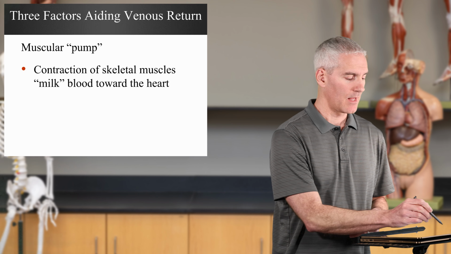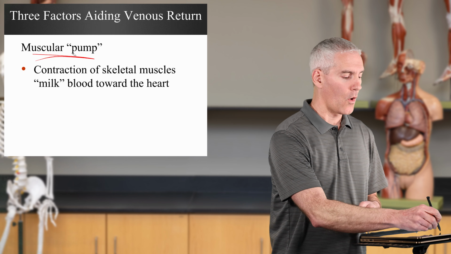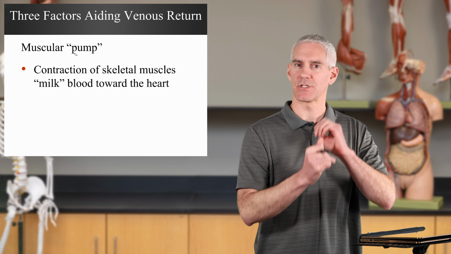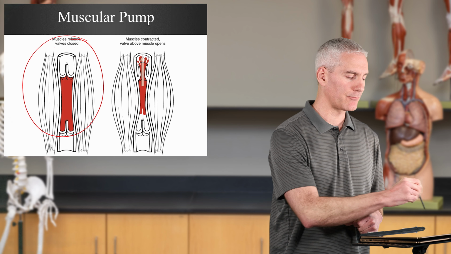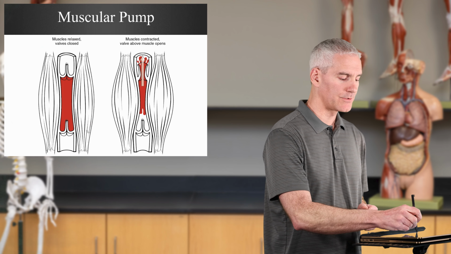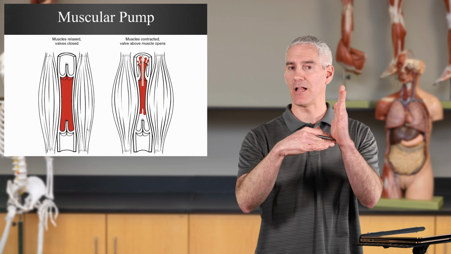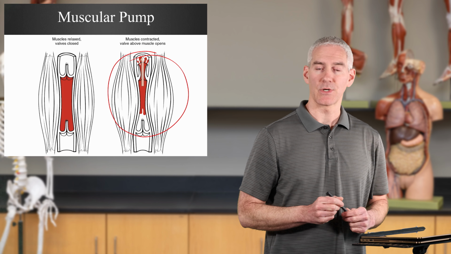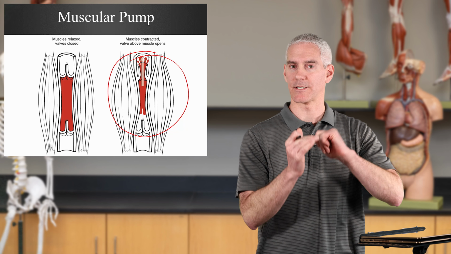Muscular pump. Now, again, like the name implies, the muscles are a pump. What's happening here is the blood is kind of being squeezed and pushed up by the muscles. So if you look over here at the relaxed muscle, you'll notice the vein in between is open, has space. The valve is preventing the backflow. But once the muscle starts to contract, remember as muscles contract, they shorten and get wider.